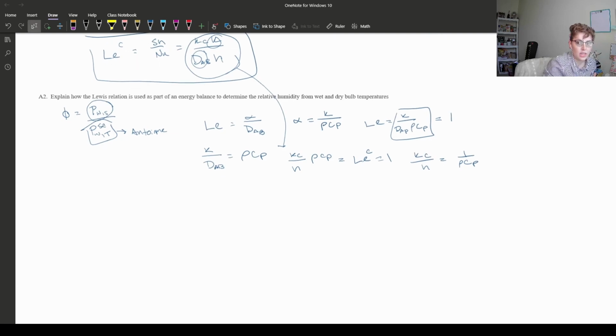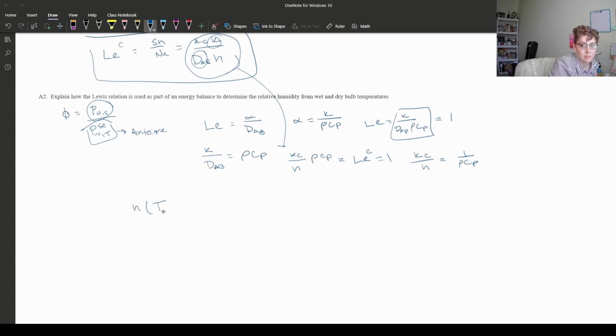And then we can look at our energy balance for the mass and heat transfer. Our heat transfer equation that we mentioned earlier is going to be the heat transfer coefficient times the difference in temperatures.